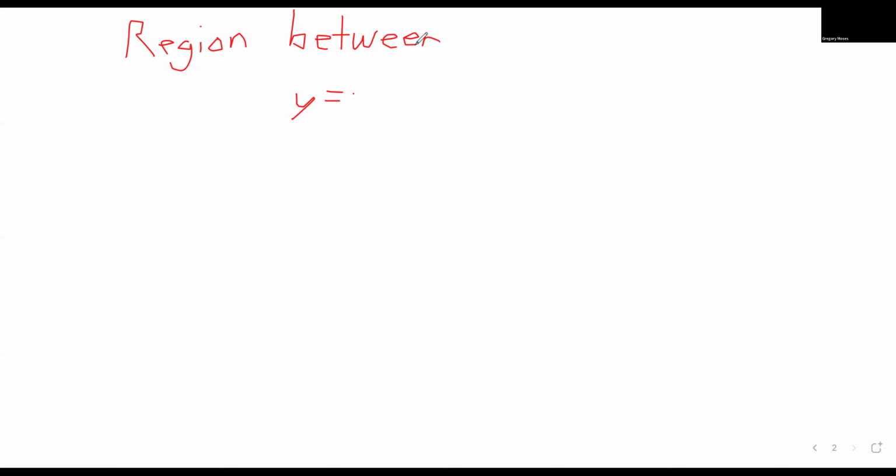I feel like I've run into problems with this example before, but let's look at the region between y equals the square root of x plus 2, y equals negative x minus 2 squared plus 4, and y equals 2.